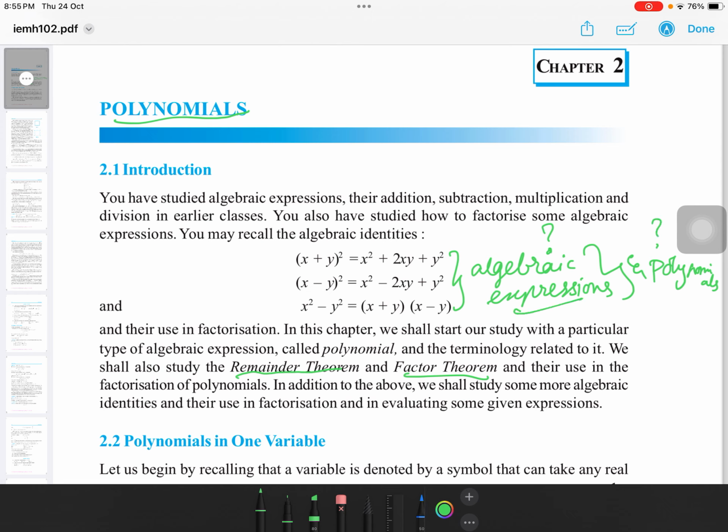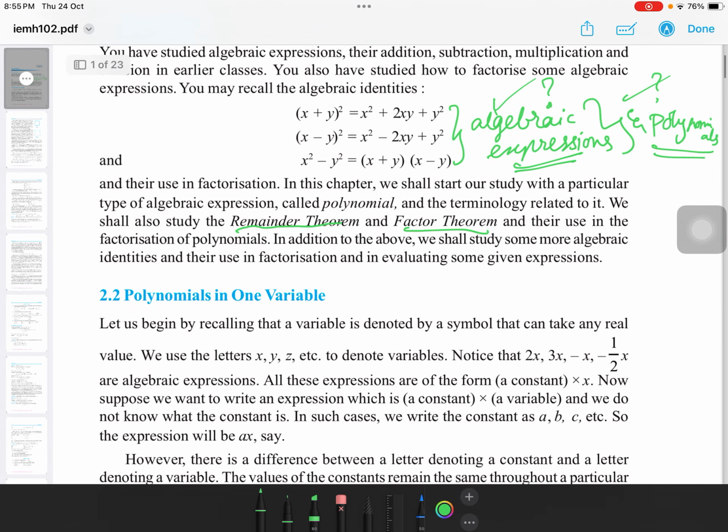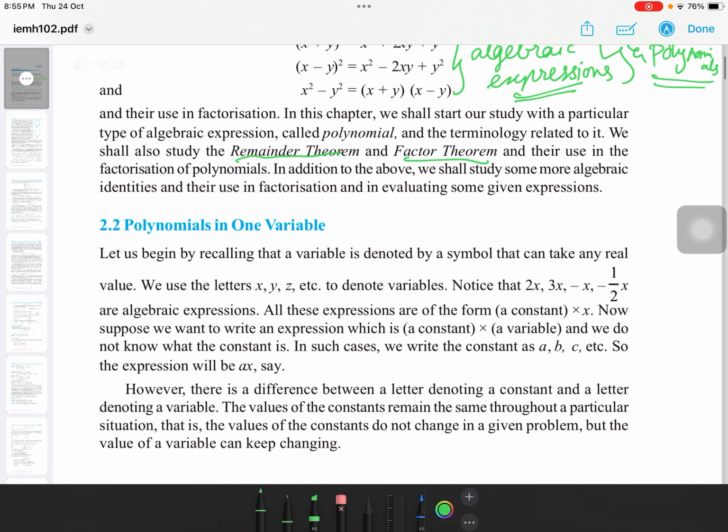Well, you can differentiate between the algebraic expression and a polynomial. I'm not going to give you the exact definition for an algebraic expression, but it will give you an intuitive sense about polynomials. So polynomials in one variable.